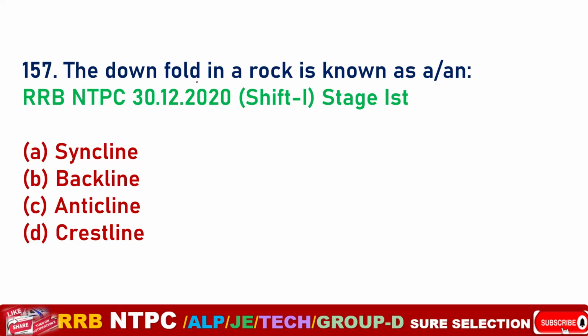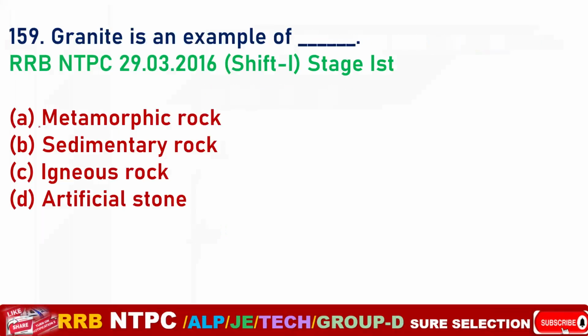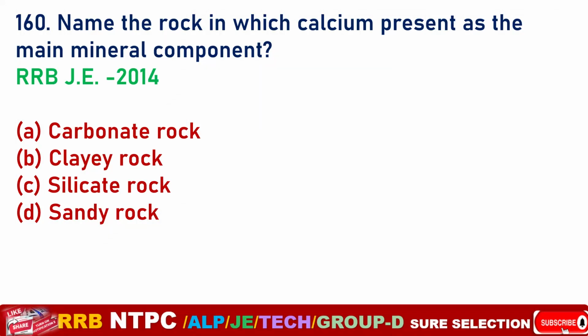The downfold in a rock is known as a syncline. Rocks which have solidified from molten magma are called igneous rocks. Granite is an example of igneous rock. Name the rock in which calcium carbonate is the main mineral component.